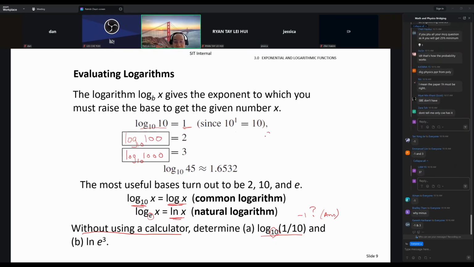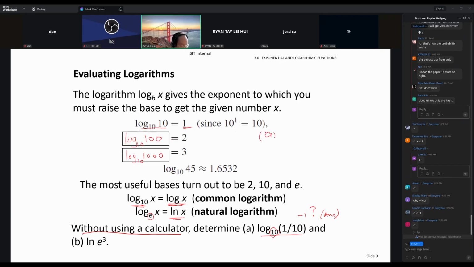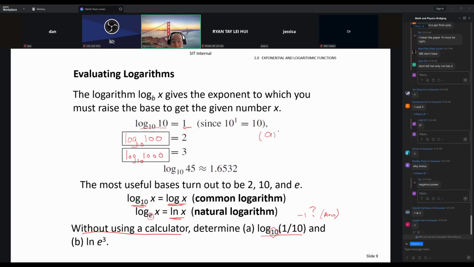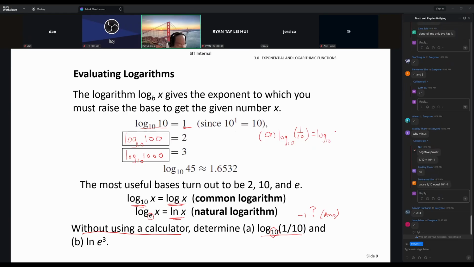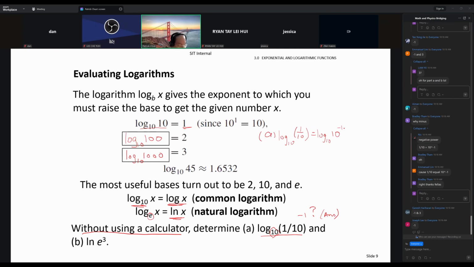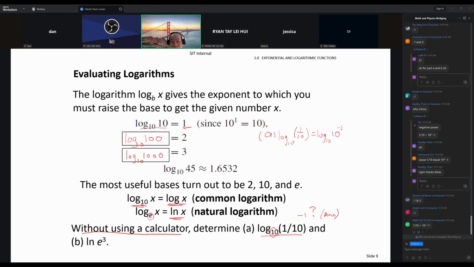Let's do it here, since there's some space. Log to base 10 of 1 over 10. Applying what we have learned, 1 over 10 is actually 10 to the power of -1. Now this -1 is like n, you see, so we can bring it to the front of the log.